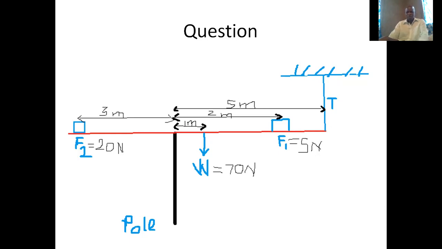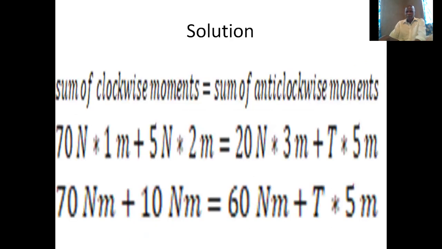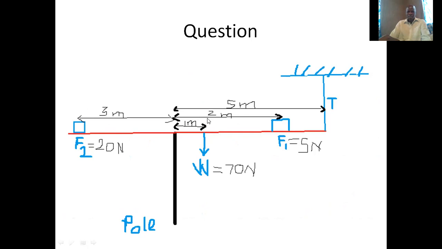And so let's apply now the principle of moments. So we are saying in the clockwise direction, we have the 70 Newtons, which is created from the rod, which is not pivoted at the center. So it is 70 multiplied by 1 meter plus 5 Newtons multiplied by 2 meters, which is the distance to the pivot.